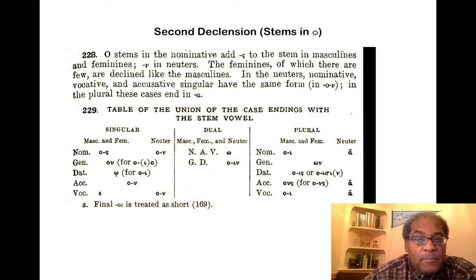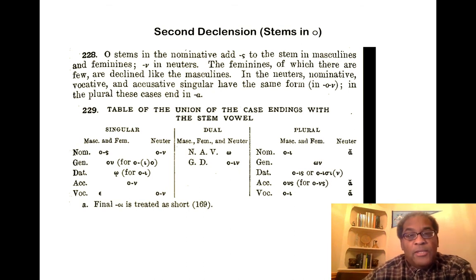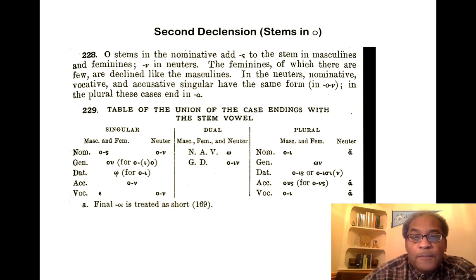So the main point looking at the singulars is that the genitive and the dative singular are the same all the way across, and it's when you get to the neuter, accusative, and nominative, and vocative, that you have to remember the difference from the masculine and feminine.